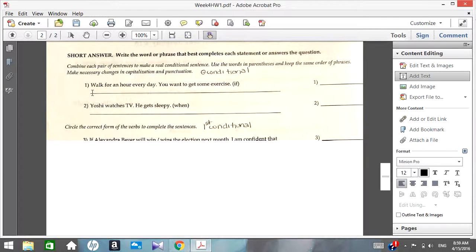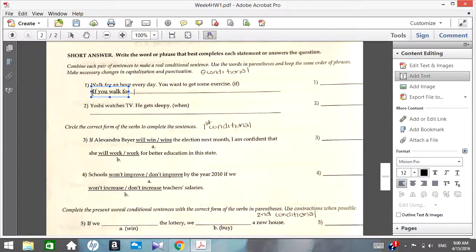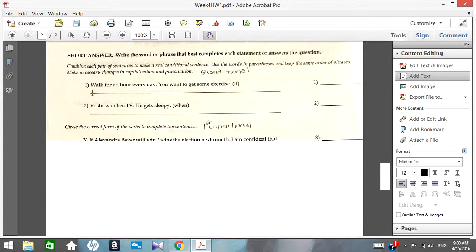If you walk for an hour, oopsie, having some spelling issues, every day, and then don't forget your comma after that clause. Oh, I'm sorry. I made a mistake.